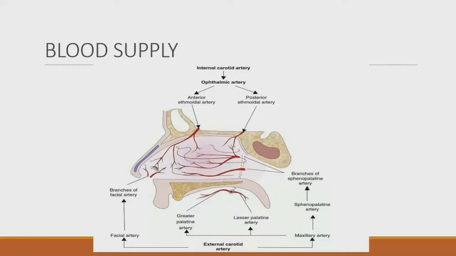The blood supply of the nose, as we have earlier seen, comes from two basic arteries. First is the internal carotid artery and second is the external carotid artery. The internal carotid artery gives the branch of the ophthalmic artery.